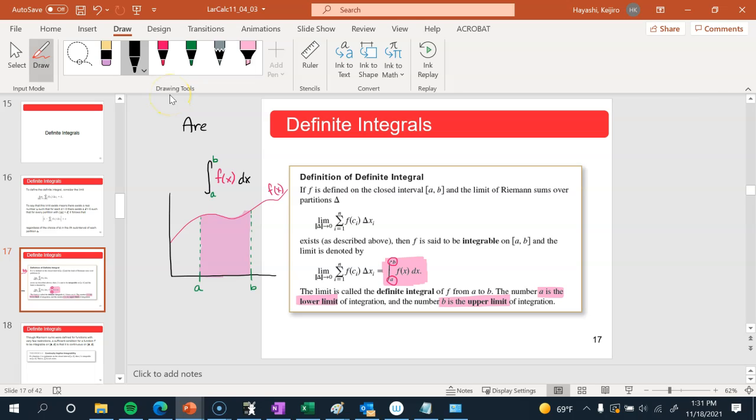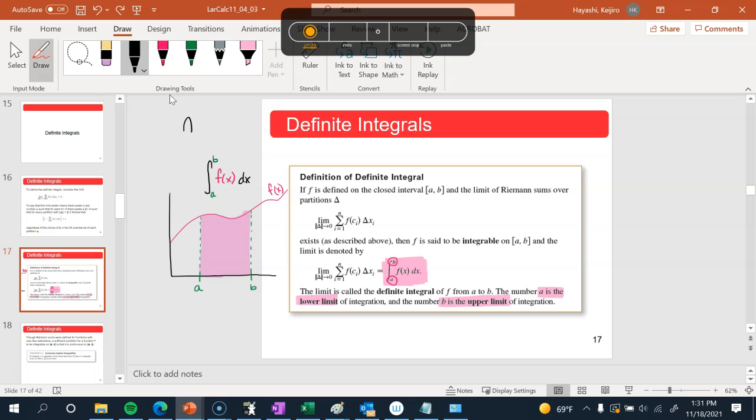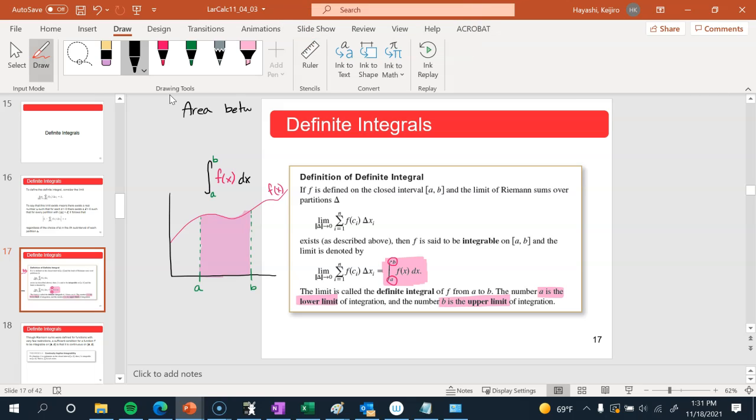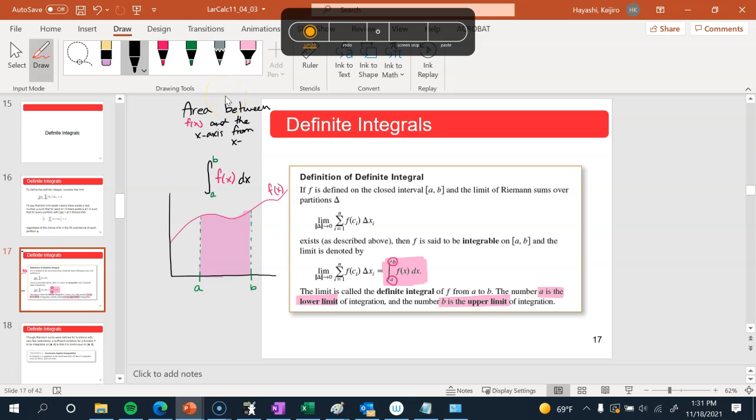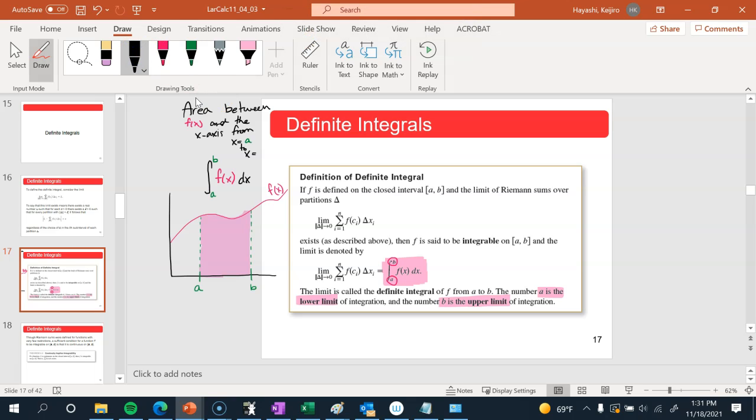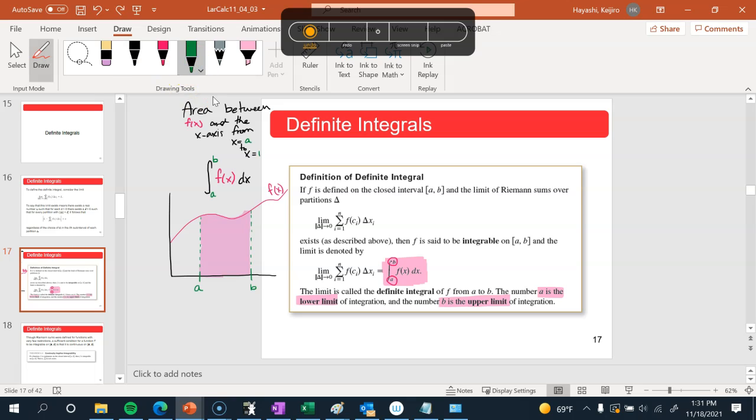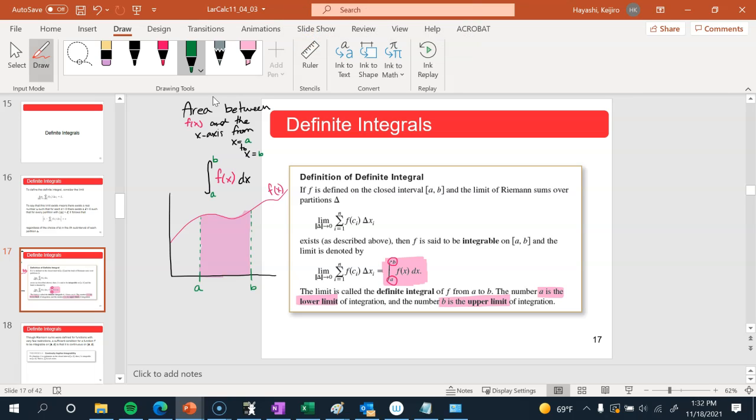This is the area between f and the x-axis from x equals A to x equals B. And as for why it looks so similar to the thing that we just did, only with that extra A and B, as far as we know, that is coincidental. It's not, but we don't know that yet.